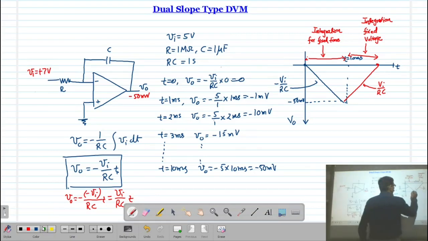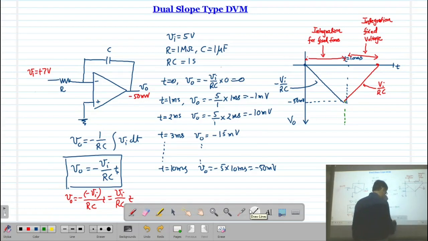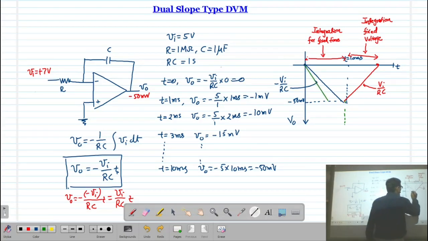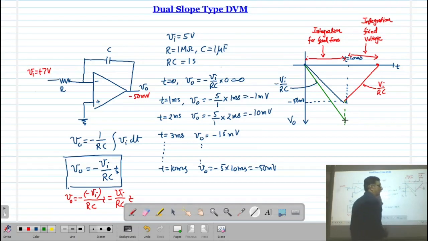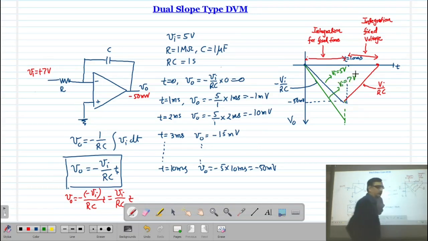And the slope is higher, so you will get this. Remember, this is a graph for Vi equal to 5 volt, and this is a graph for Vi equal to 7 volt.